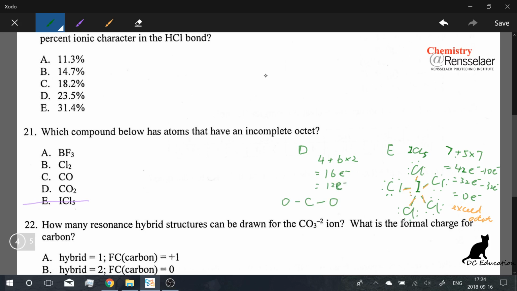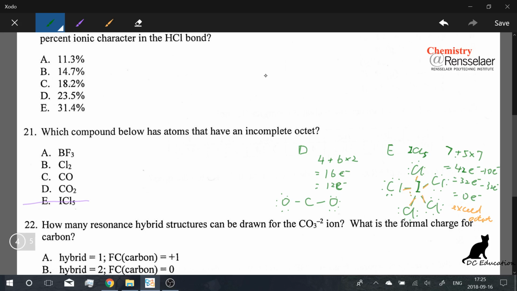I have no idea what's wrong with this pen. I got some new equipment, so it should work okay. And let's put 1, 2, 3, 4, 5, 6, 7, 8, 9, 10, 11, 12. For this particular question, we have to make sure that the carbon completes its octet.